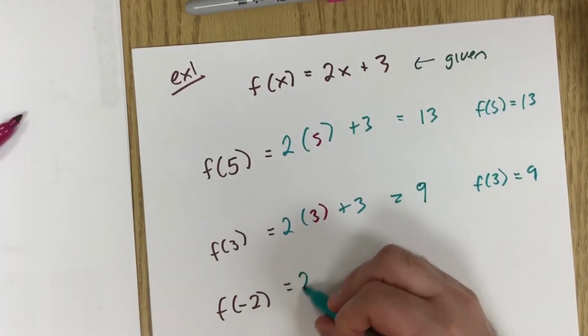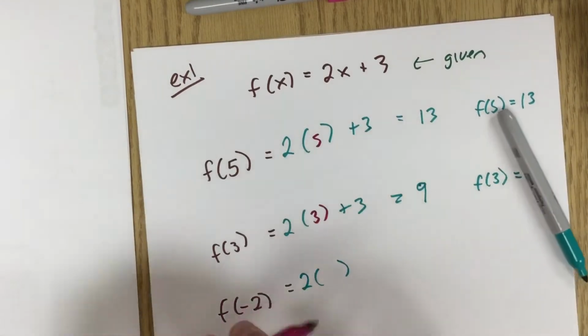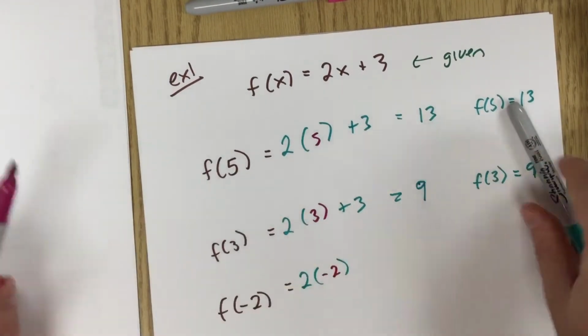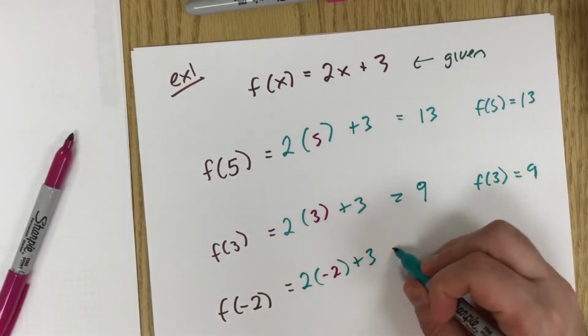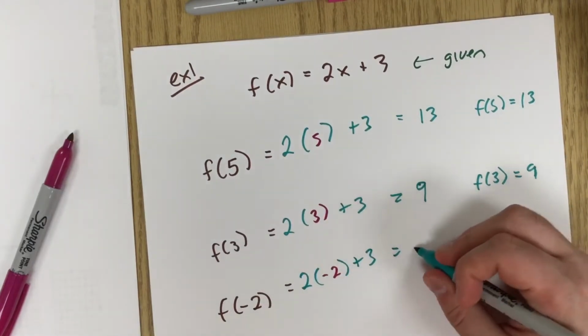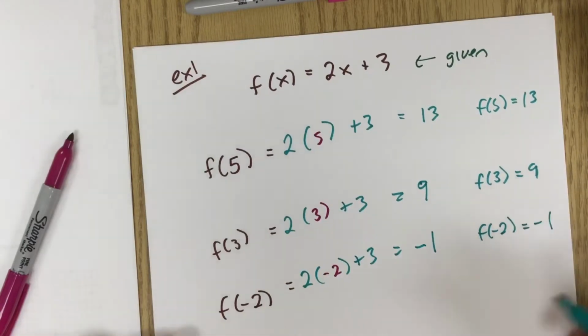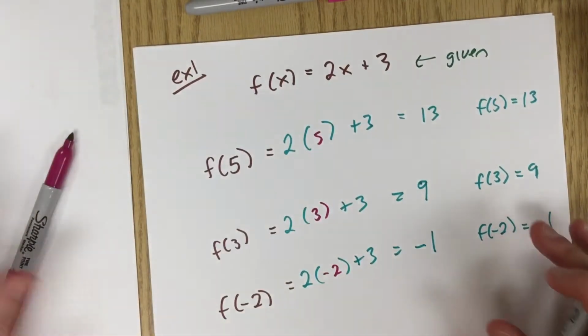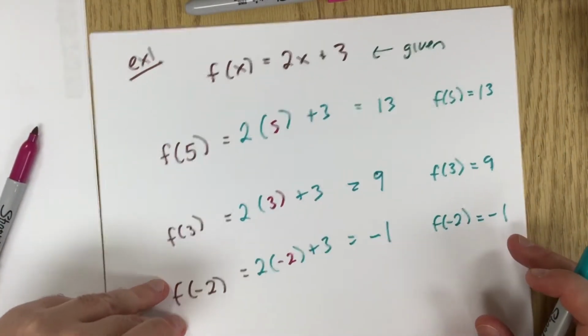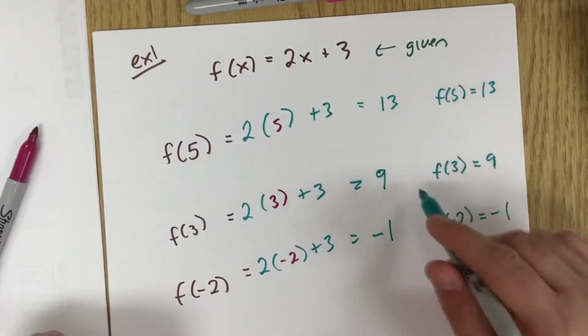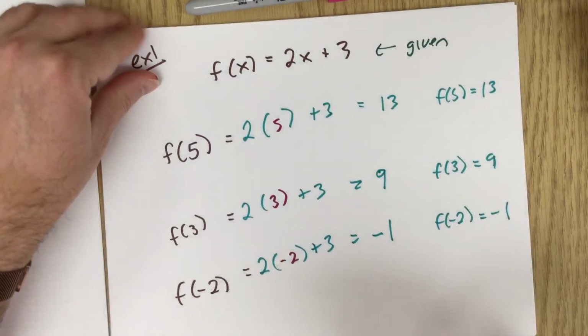F of minus 2, same thing, we just plug in a minus 2. 2 times minus 2 is negative 4, plus 3 is negative 1. So f of negative 2 is negative 1. Oops, that went off the screen. F of 5 is 13, f of 3 is 9, f of negative 2 is negative 1.